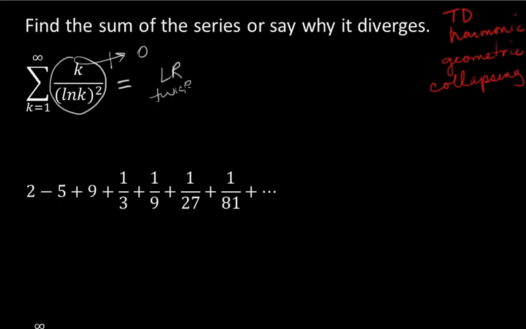You would use L'Hopital's rule twice to show that this term a sub k does not have a limit of 0. Therefore, the series diverges by the test for divergence. So there's nothing to do. You just notice that a sub k doesn't go to 0.